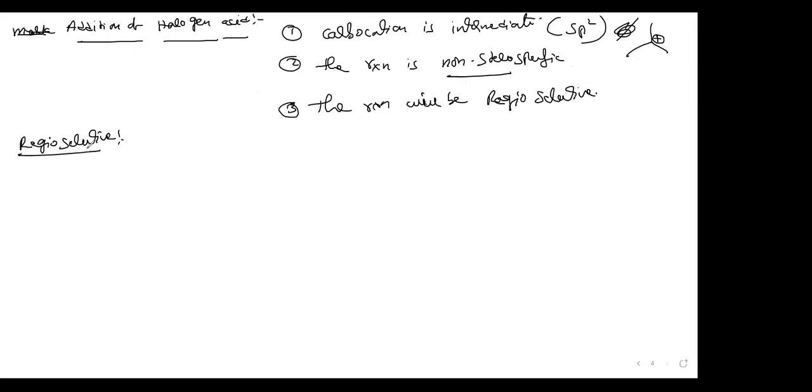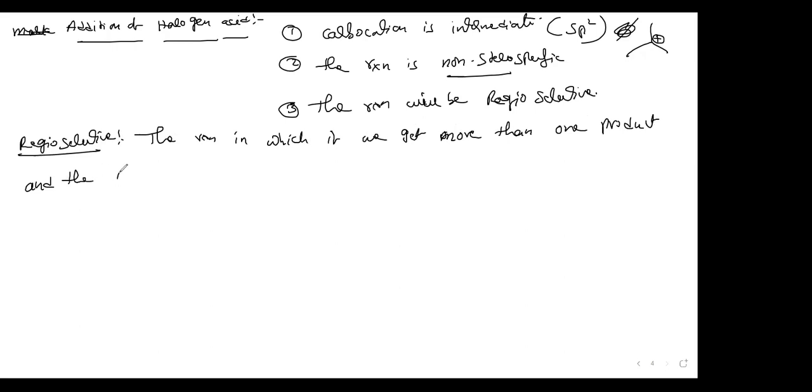Regioselective, first the definition. The reaction in which, if we get more than one product, and the products have to be structural isomers.